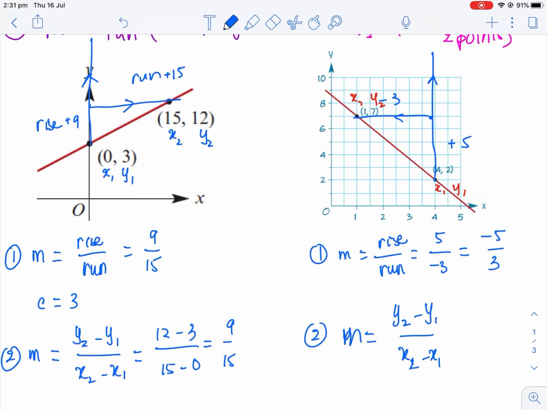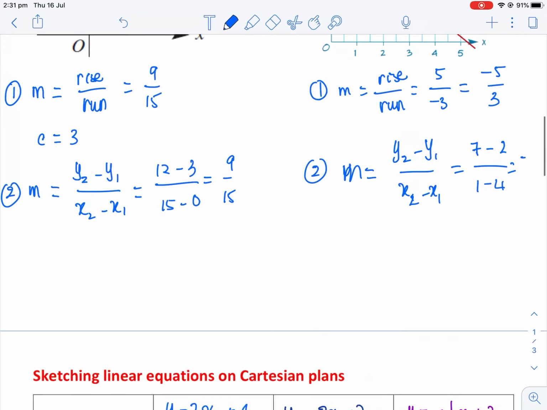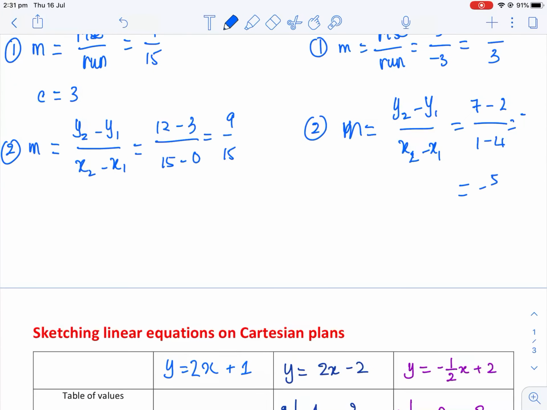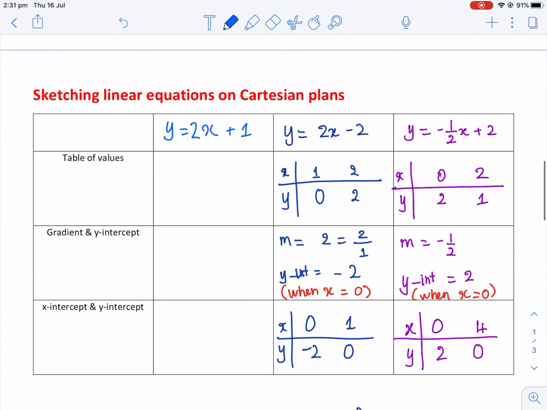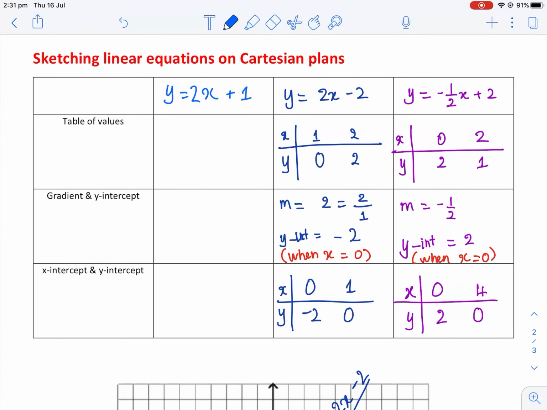I have y2 is 7, take away 2, and 1 take away 4. So it is negative 5 over 3. Exactly the same answer.